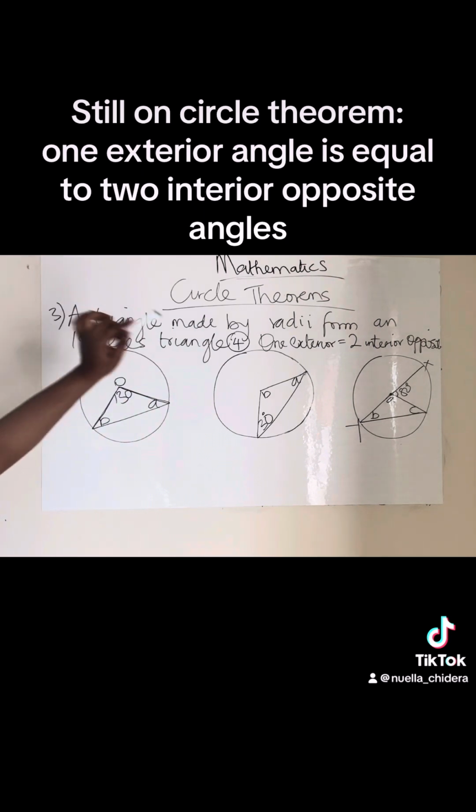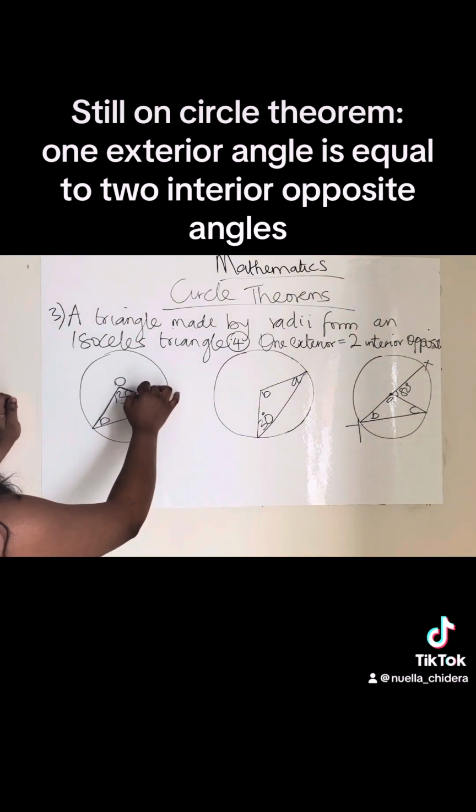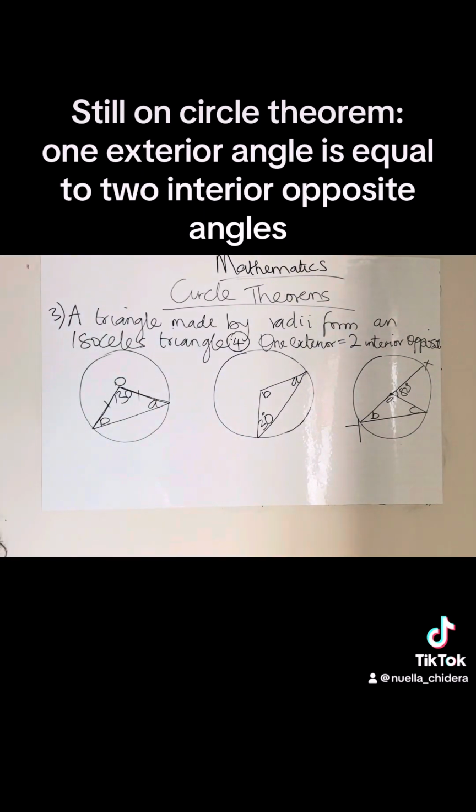Any triangle that is formed by two radii is what is called an isosceles triangle. An isosceles triangle is a type of triangle where two sides are equal. In isosceles triangles, two sides are equal. That means if the two sides are equal, the base angles will be equal as well.